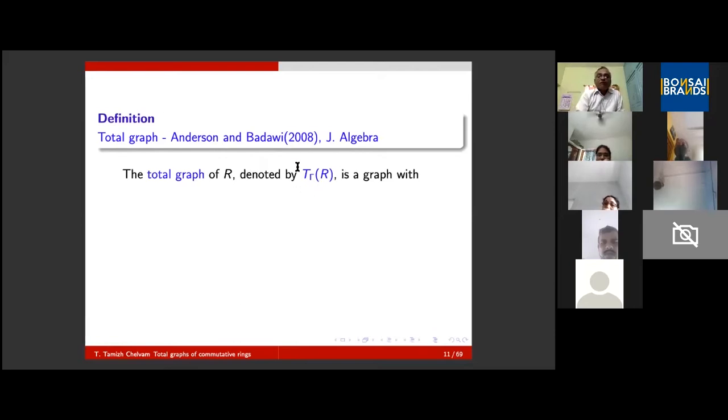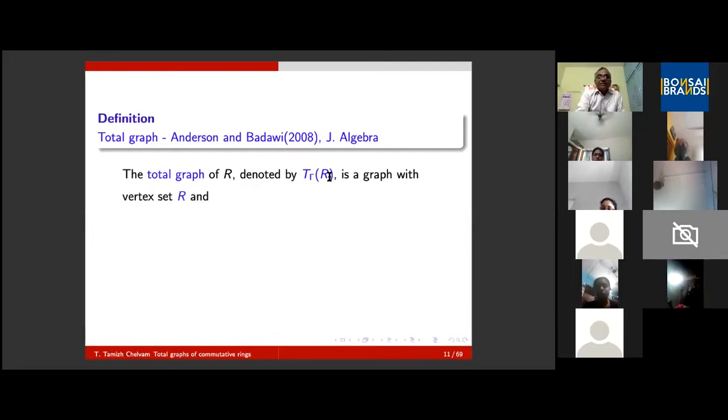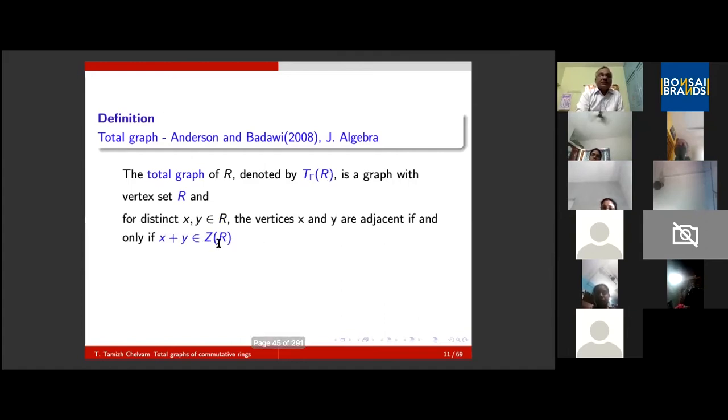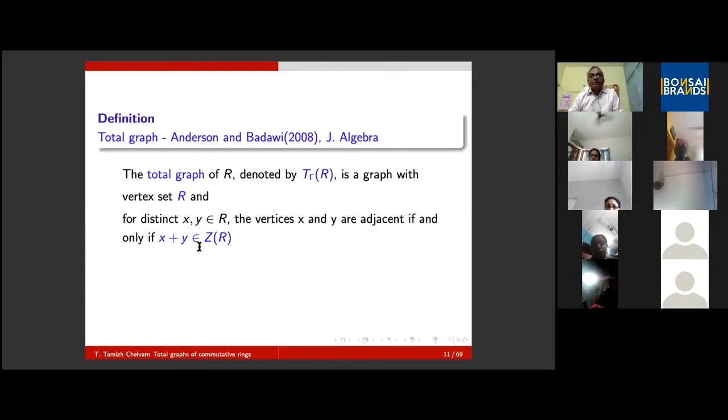The total graph of R is denoted by T gamma of R. That gamma always indicates there is a role of zero divisors in this. For T gamma of R, the vertex set is R. Two distinct vertices of R are adjacent if and only if x plus y is an element of Z(R), the set of all zero divisors. So in contrast to the adjacency relation in the case of zero divisor graphs, where xy equals 0.